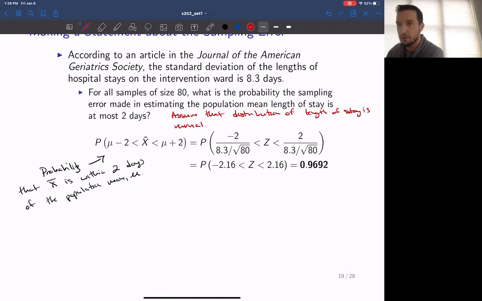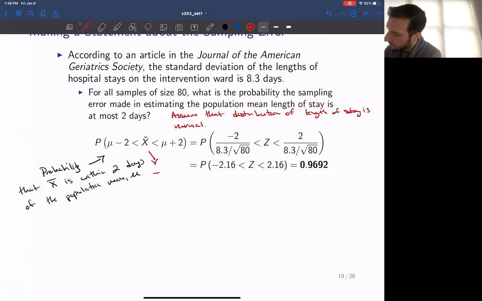So if the distribution of the length of stay is normal, then X bar must also be normal as per the definition that we have just described. So we can actually solve this type of probability statement by using the techniques that we established for normal curves beforehand. So X bar here is now normal.